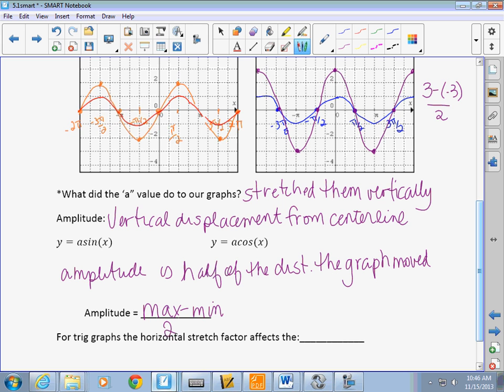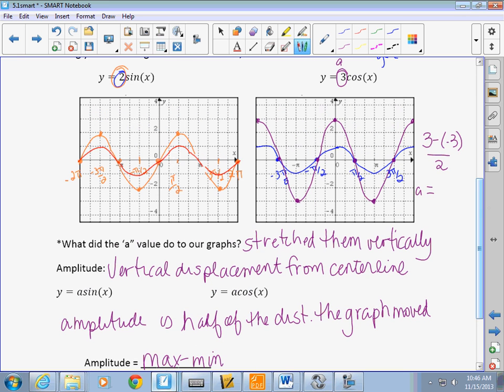Max minus minimum. So for this particular graph, if they just gave you the graph and not the equation, you could look at it and just count.